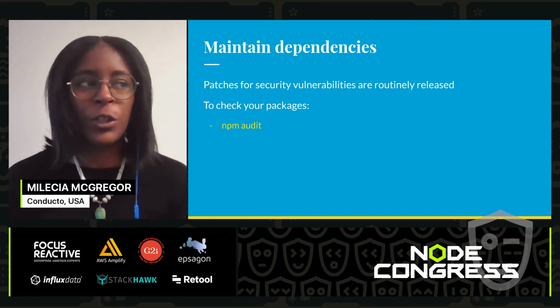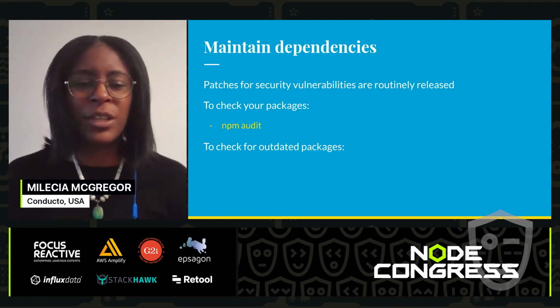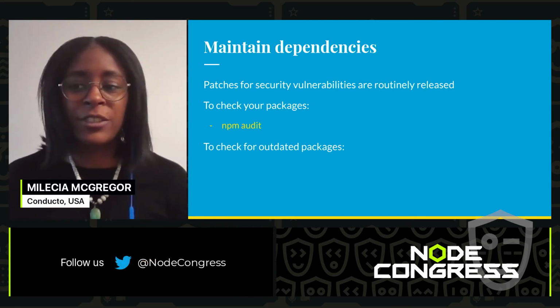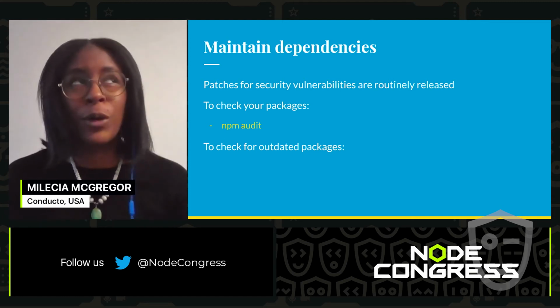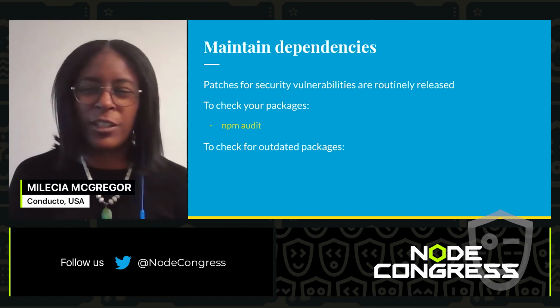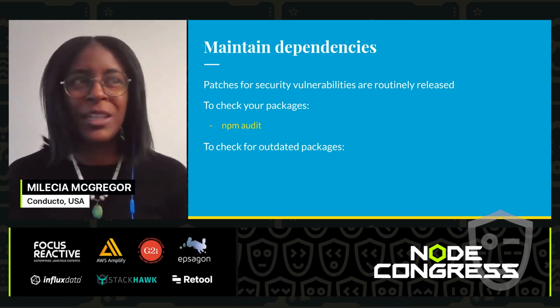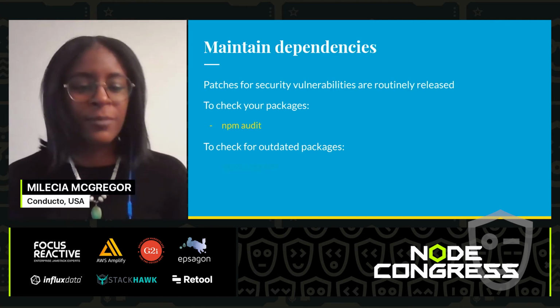So just run npm audit, and then there's npm audit fix, which will automatically update those packages for you. So not a whole lot of work to do on your part most of the time. Sometimes there are some weird version interdependencies, but npm audit fix typically works on a lot of things.